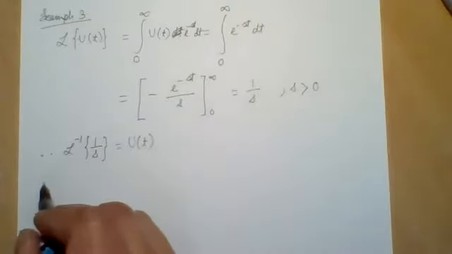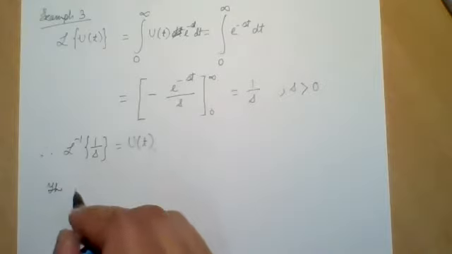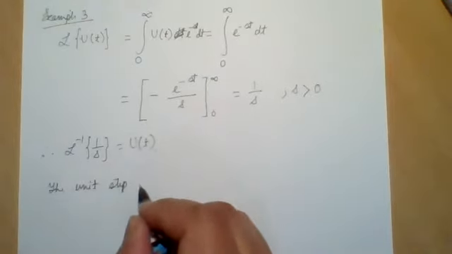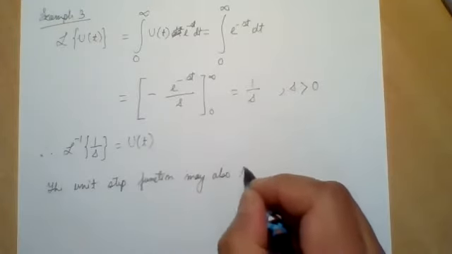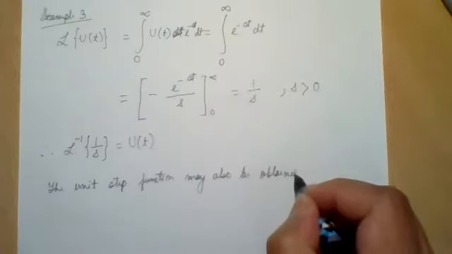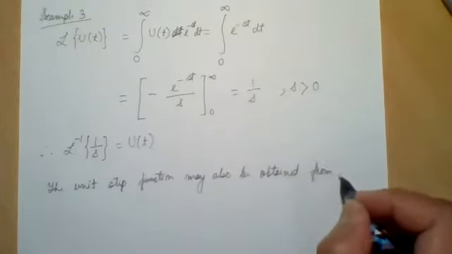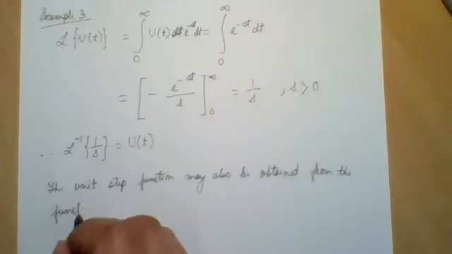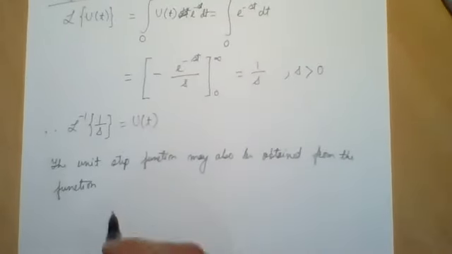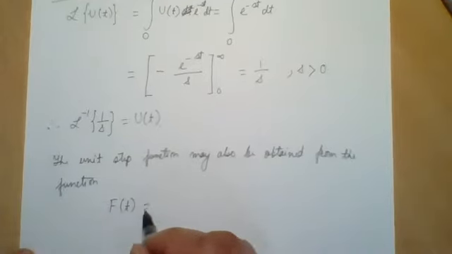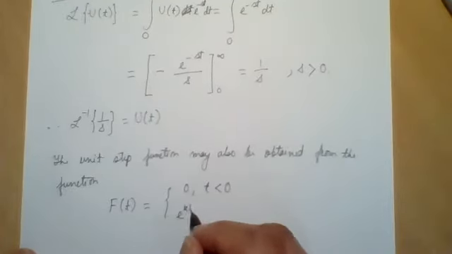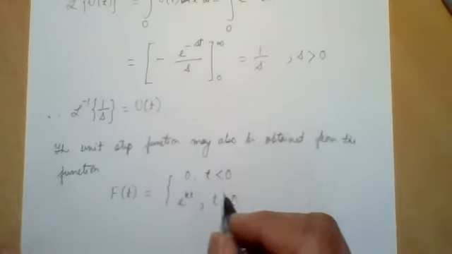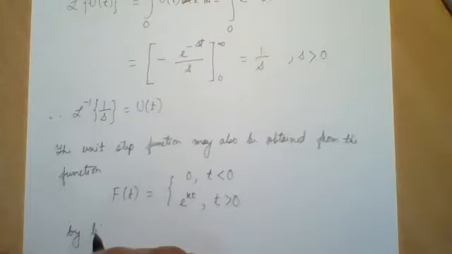This unit step function may also be obtained from the function f(t), which is equal to 0 if t is less than 0, and equal to e to the power k times t when t is greater than 0, by taking the limit as k tends to 0.